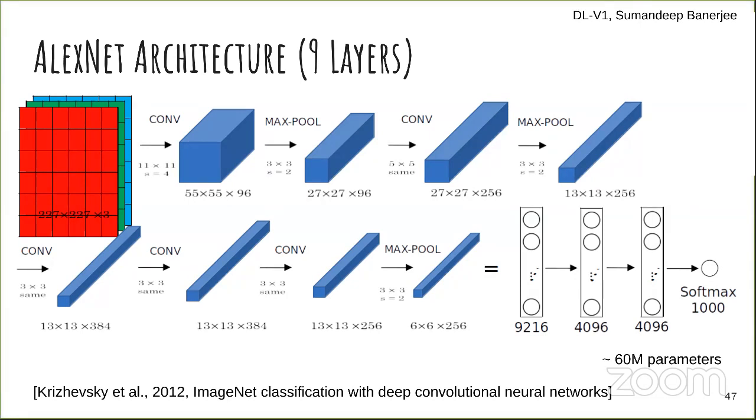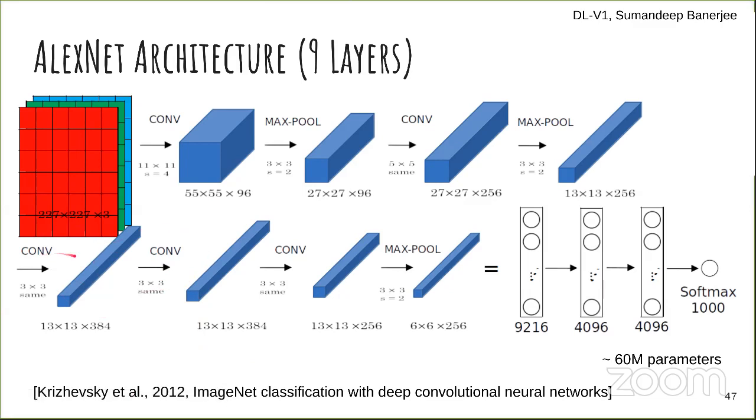The second layer has, again, very different hyperparameters: 5 x 5, but with same padding, which means padding would be 2 and stride would be 1. And then max pool 3 x 3 again. Then a sequence of 3 convolutional layers, where the first two don't have any max pooling but have the activation function.